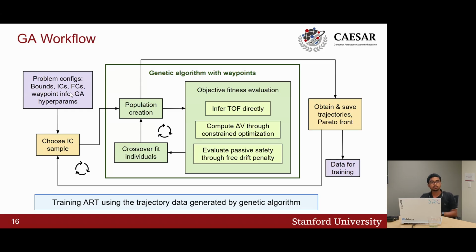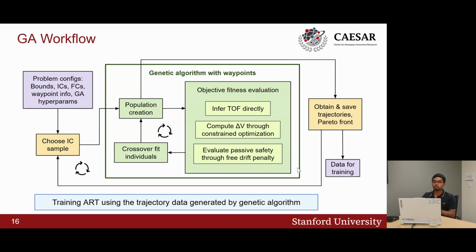You start off with some initial conditions, some final conditions. Once you choose that, you create a set of population, a set of chromosomes. Then following the logic of GA, you evaluate the fitness on multiple criteria, which are the multiple objectives. You want the solutions to have limited time of flight, low fuel cost, and you want them to be passively safe.